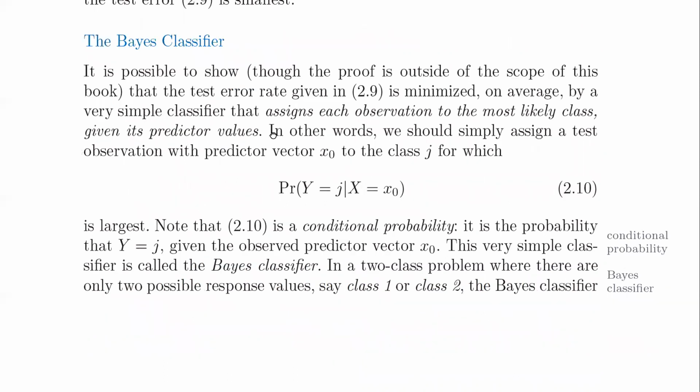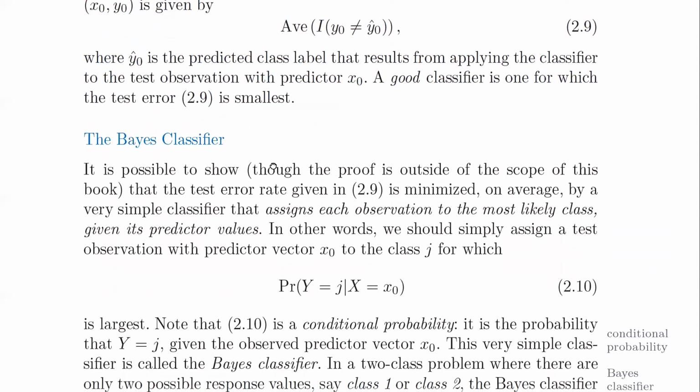Just as a preview for tomorrow's session, it is possible to show, though the proof is outside of the scope of this book, that the test error rate is minimized on average by a very simple classifier that assigns each observation to the most likely class, given its predictor values.